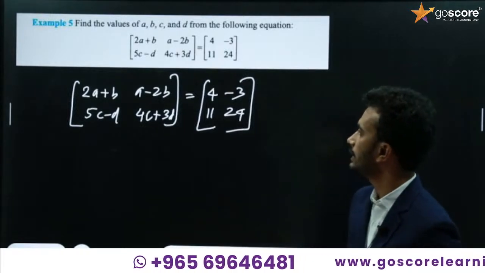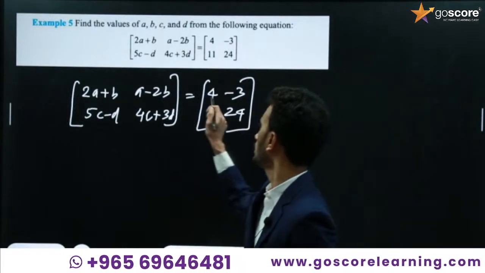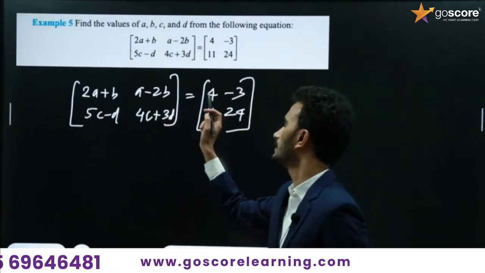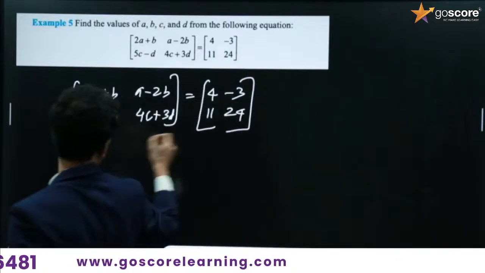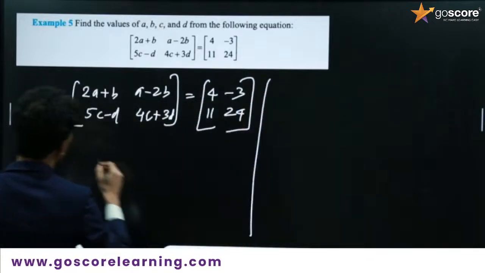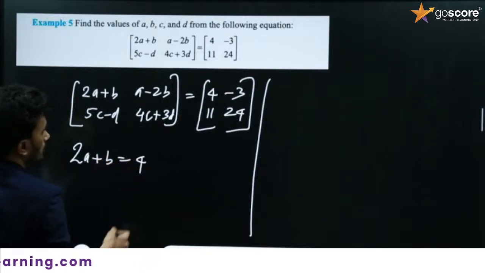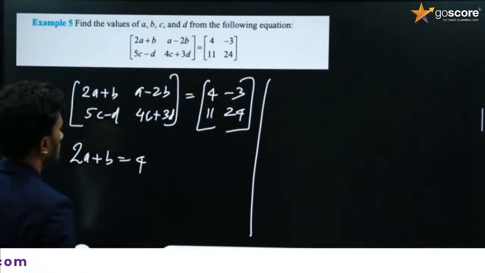Then equate: the first element of this one is equal to the first element of that one. So 2A plus B is equal to 4.